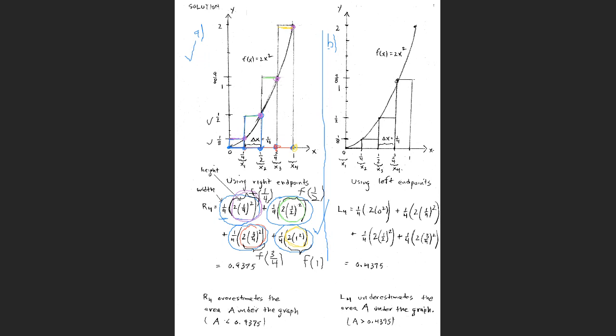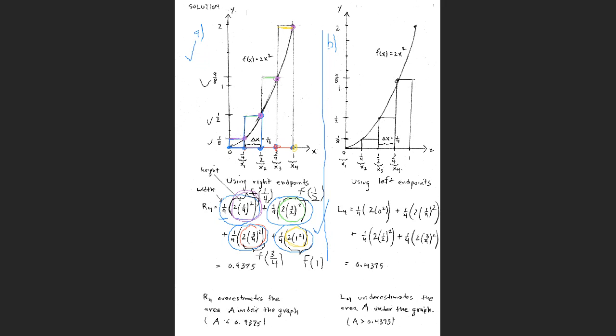How did I get a half? How did I get 9/8? It's because I'm evaluating the function at the right endpoints. So this is fundamental that we write it this way. Okay, Lynn, are you seeing why we do it that way?